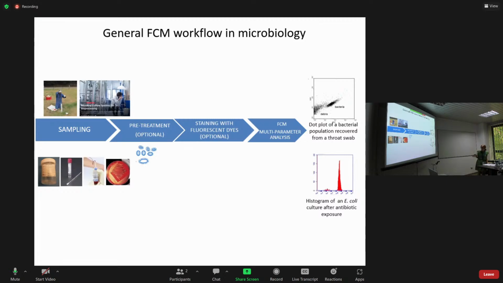And then staining, this is optional because now the researchers are trying to standardize label-free methods in order to not interfere and to not bring artifacts in their determination, and then the multi-parameter analysis.